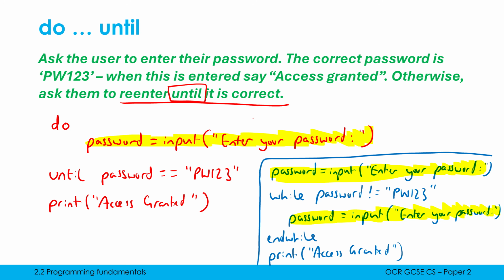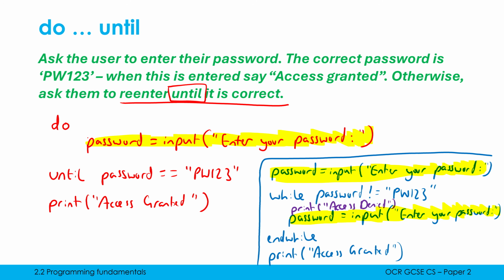One drawback is in some questions, if it's asking you to write a customized message if they got it wrong, like access denied, the problem here is in a while loop, I can just go print access denied above my input line. I can do that quite easily because this code will only run if a password was wrong initially.